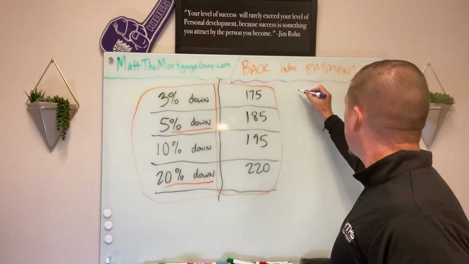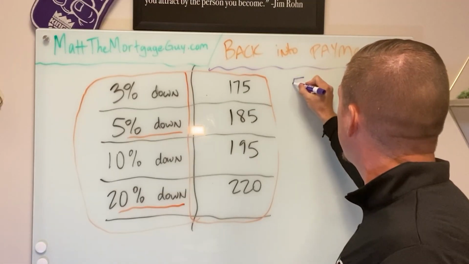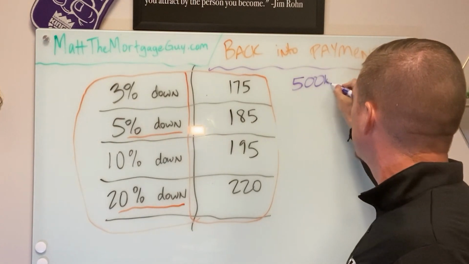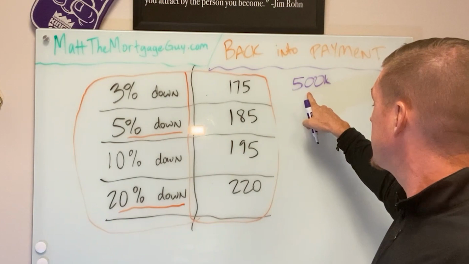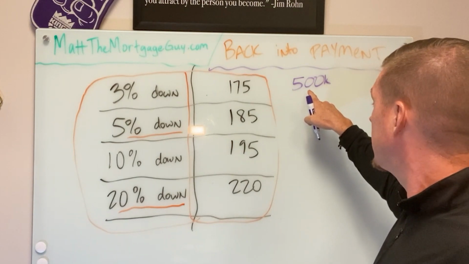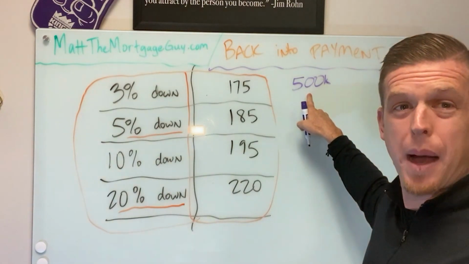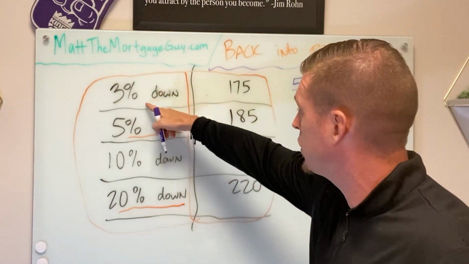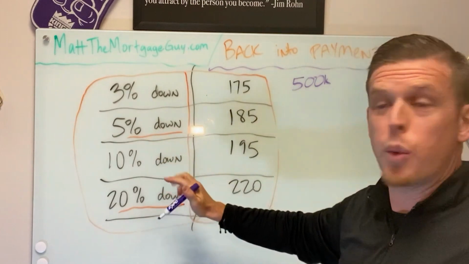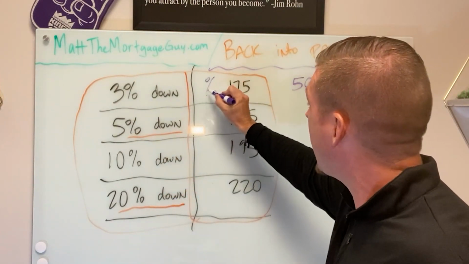Let's say you've got a $500,000 purchase price. You know the neighborhood, you know the house you want, hey, this is about what it's gonna cost me to buy what I'm looking for, right? And you're gonna put 3%, 5%, 10%, 20%, whatever you're gonna do, and then you divide.